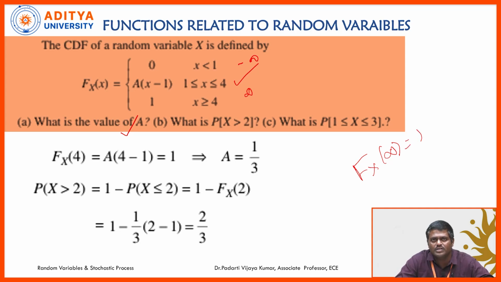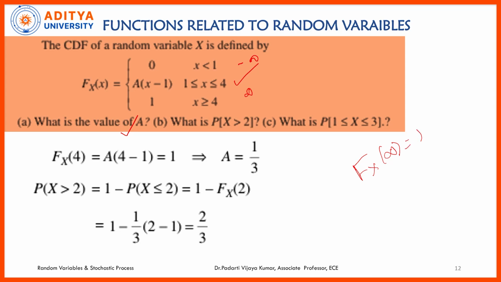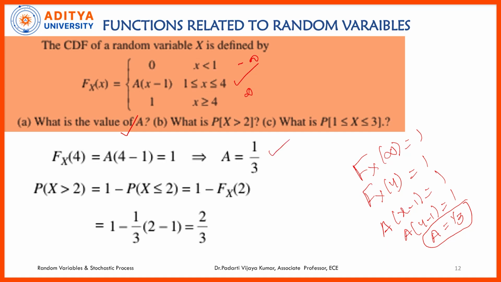So, f x of 4, the upper limit, should be equal to 1. When x is equal to 4, the distribution function a into x minus 1 is equal to 1, so a into 4 minus 1 is 1, and a is equal to 1 by 3. This is the scalar constant, based on the cumulative distribution function property.